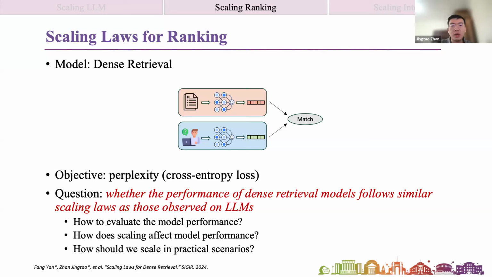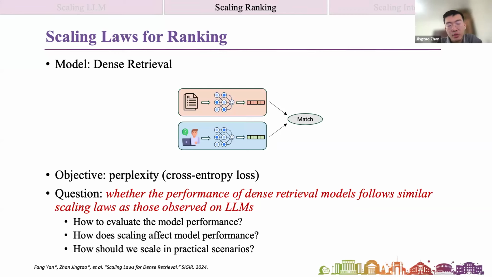One encoder is to encode the documents to embeddings, and the other encoder is to encode the queries to embeddings. And we use embedding similarity as a ranking score. Therefore, we can rank the documents from the highest to lowest so that we can present the top documents to the users.